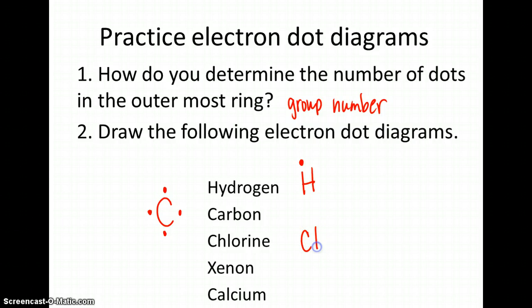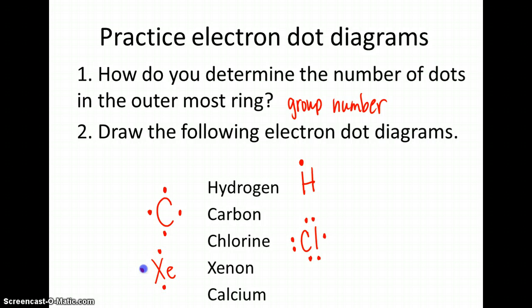Chlorine, so chlorine we look, happens to be in group 7, so we put 7 dots. Just to remember, sign of the cross: top, bottom, left, right. So top, bottom, left, and that's all I need. My other element here, xenon, so if I look, xenon is all the way on the side as a noble gas.